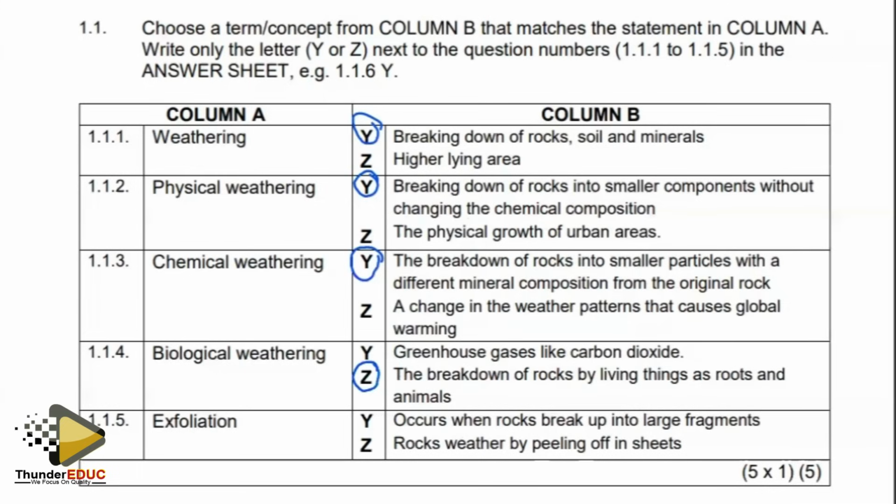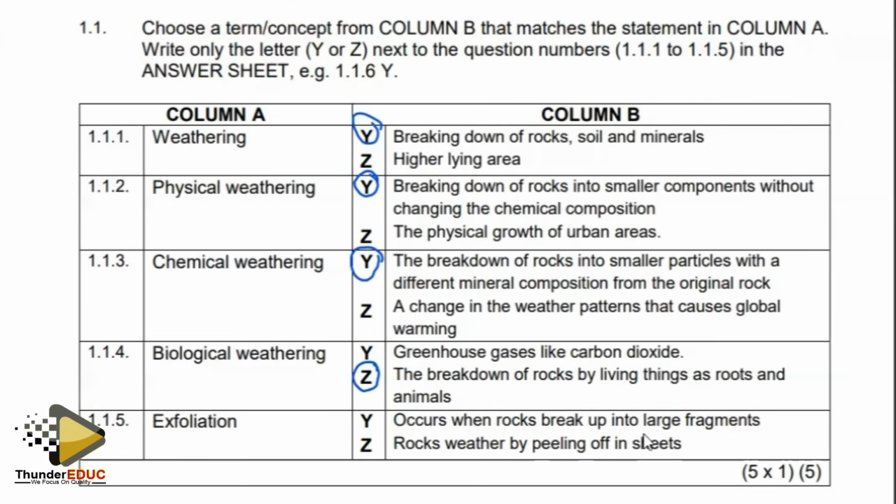All right, let's go to exfoliation and give the term that describes exfoliation. We have two terms given to us.